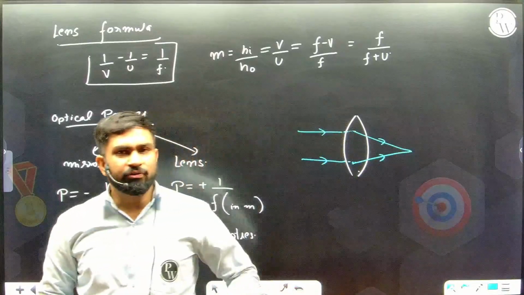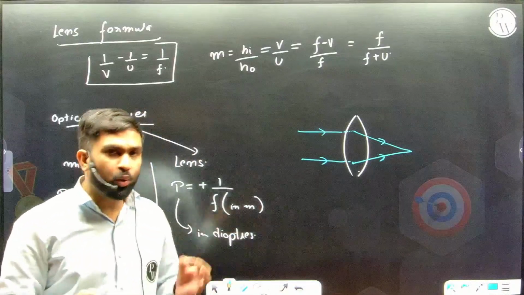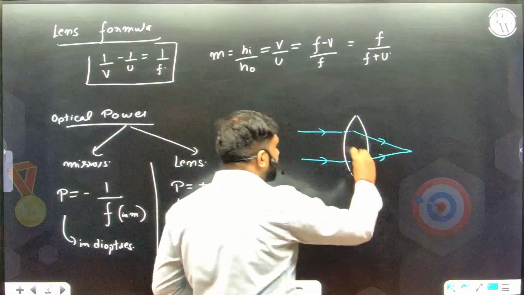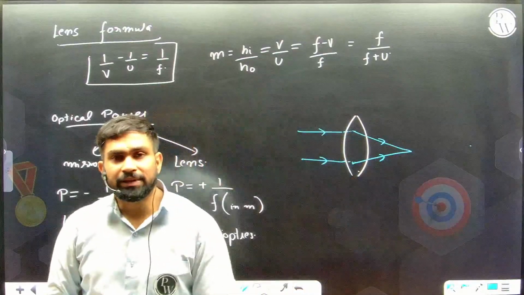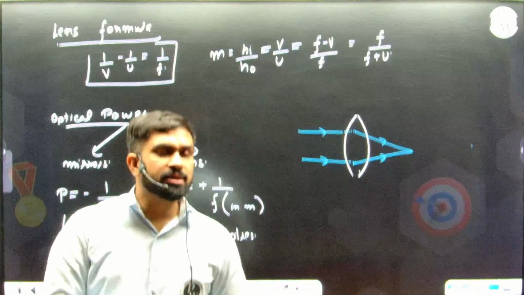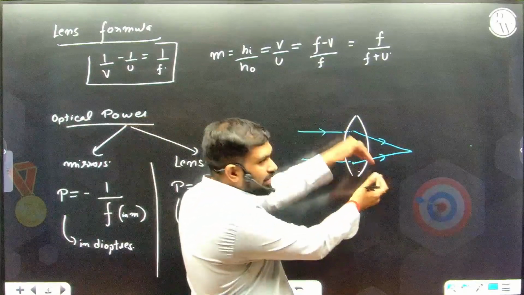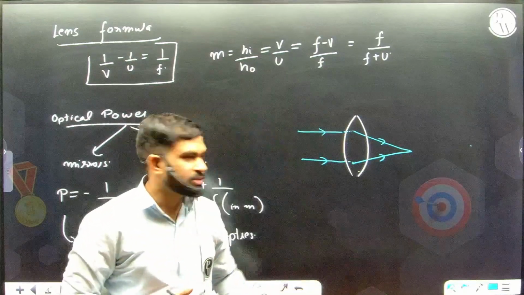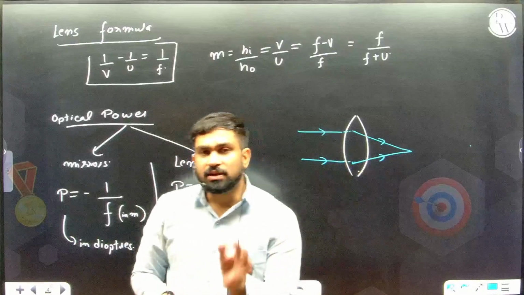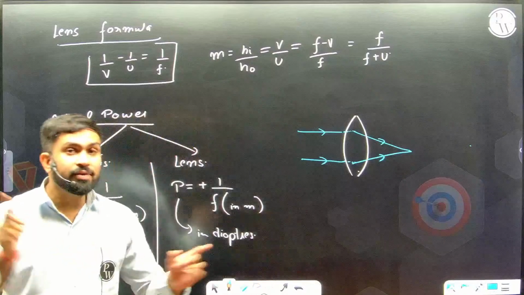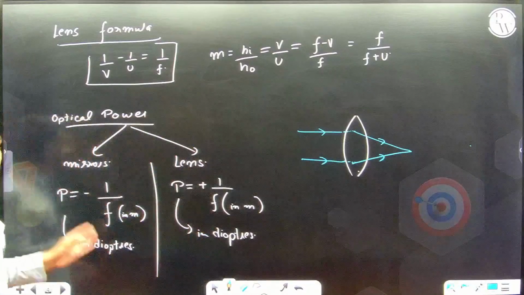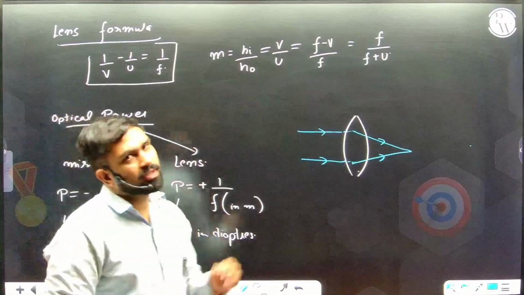Tell me, if the focal length is more, then will it converge nearby or is it converging far away points? It's going to converge far away. That means its converging power is less because it's not applying a lot of power in bending the rays towards the lens. So I can say the power and focal length are inversely related. More the focal length, lesser the converging power.